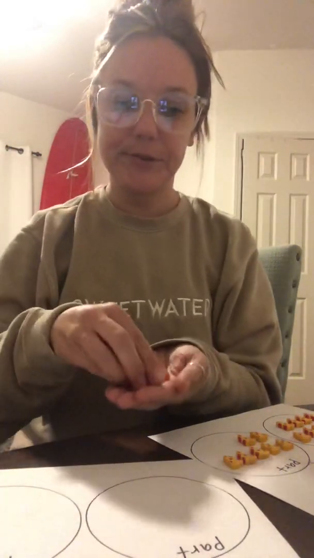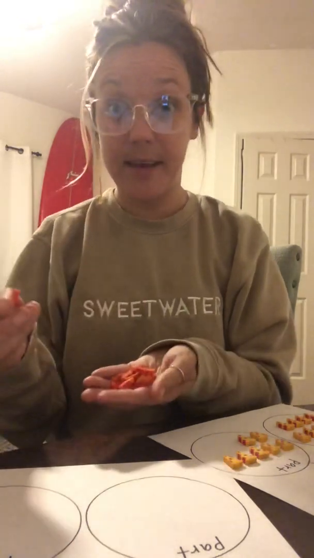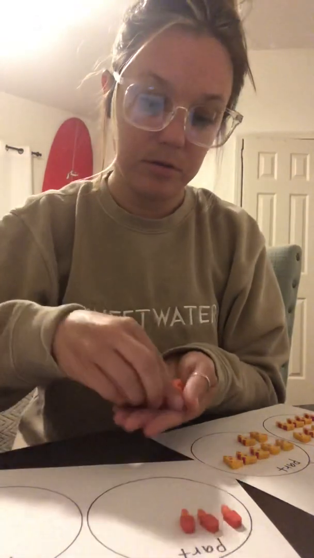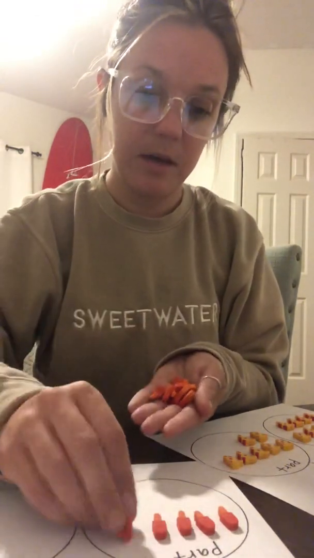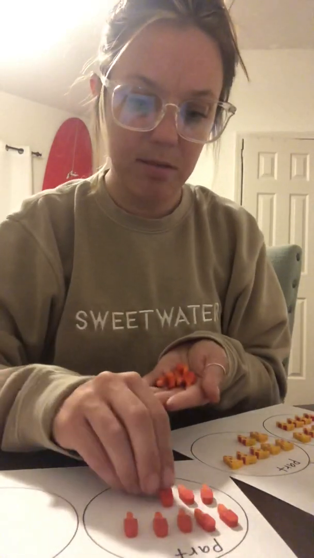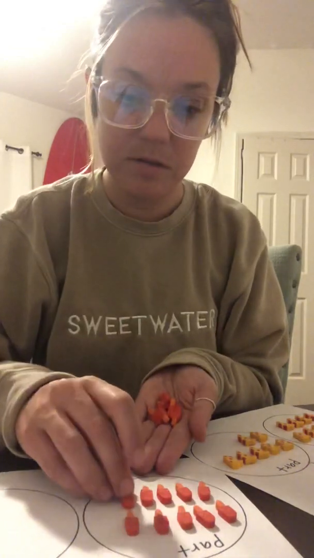Now, this time, I want to do it on purpose. I don't want to do it randomly. I want to make one that I know. So I'm going to make 10 and 6 because I know 10 and 6 make 16. So I know I can already lay out 5 and then 5 below it, because remember I told you I love to make it look like a tens frame. It helps me see the numbers.